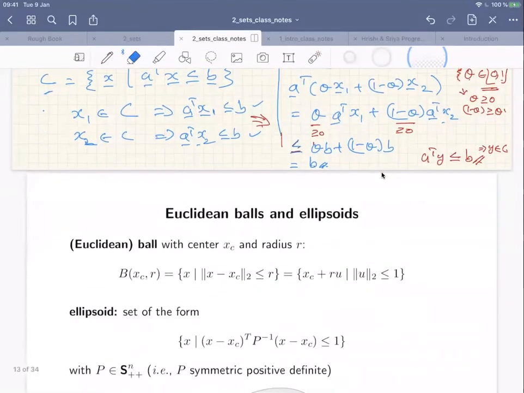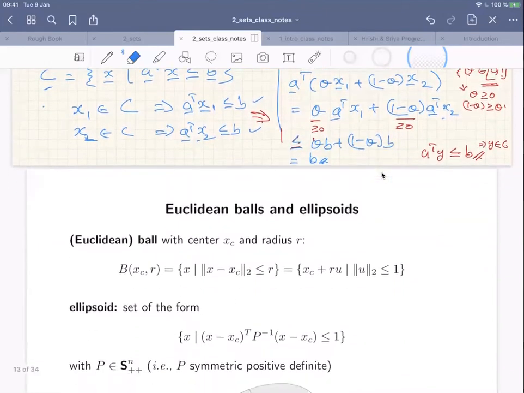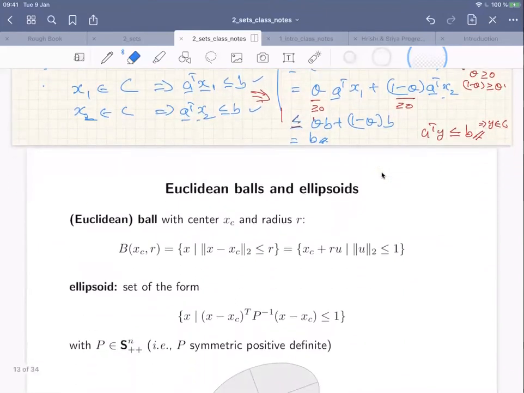Next, we will see what a Euclidean ball and an ellipsoid are. A Euclidean ball with center xc and radius r is defined as the set of x such that the Euclidean norm of x minus xc is less than or equal to r. What does this mean?